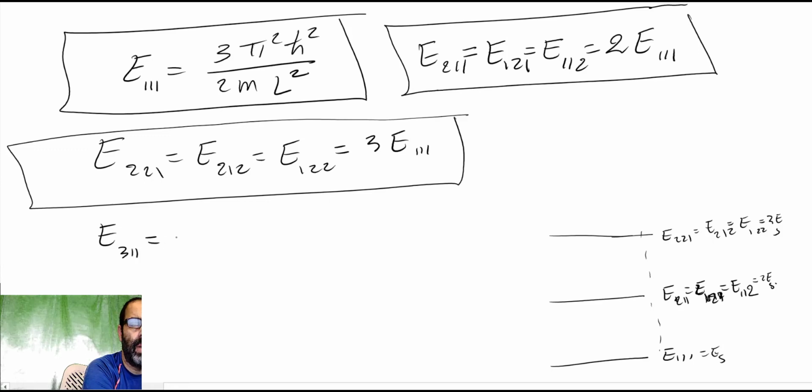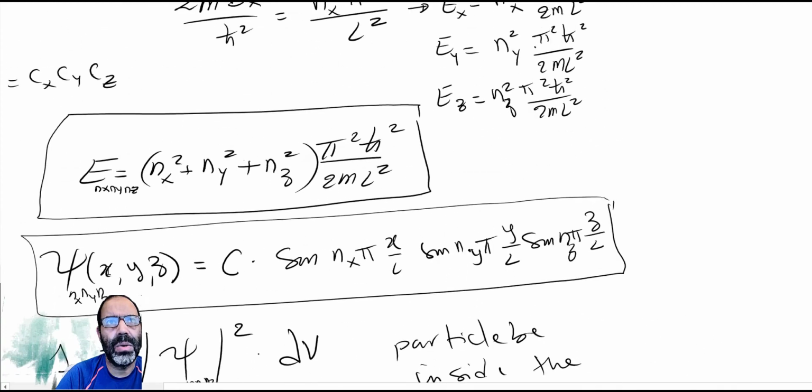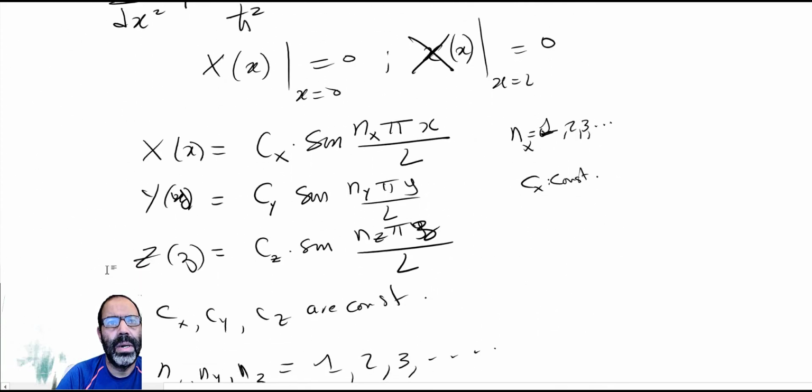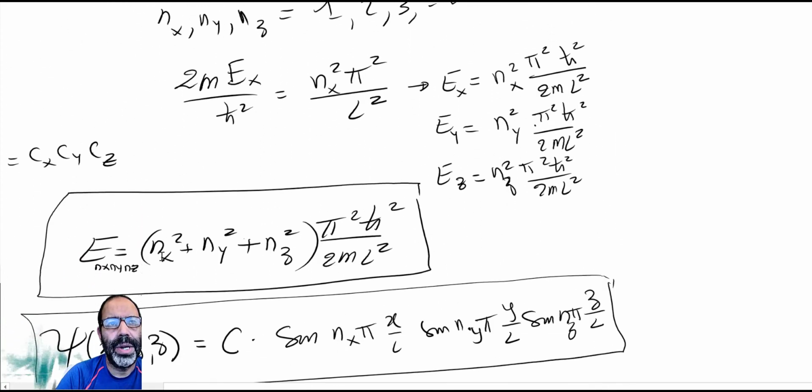E311. Obviously there are 3 of them, they're all the same, by the way, in this case too. It's going to have 3 squared, that's 9, plus 1 squared plus 1 squared, that's 11.